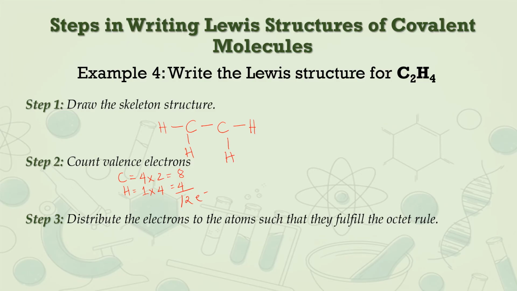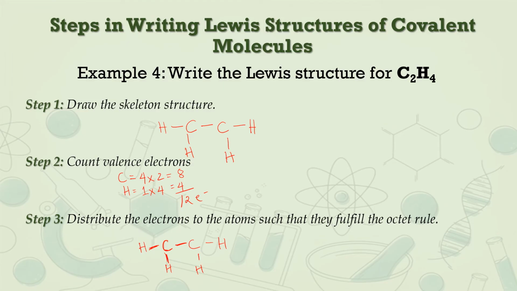So for carbon, and then hydrogen. Okay, so let's start with these 2 carbon atoms at the center. The first carbon, as you can see, has 2, 4, 6.